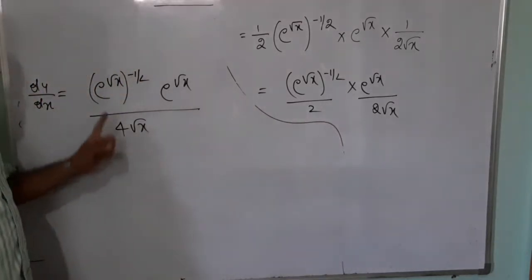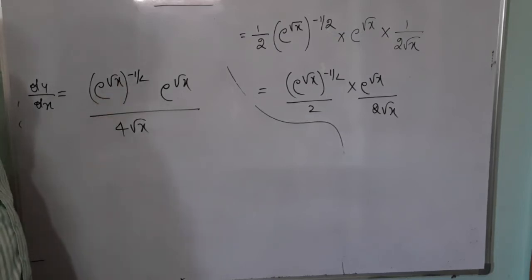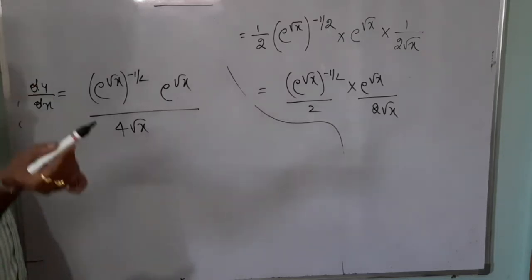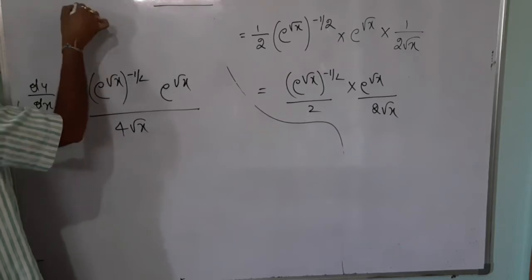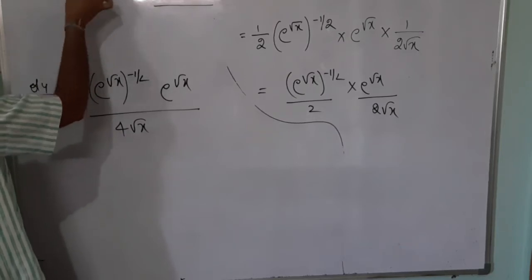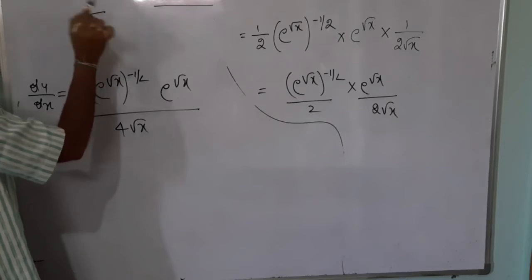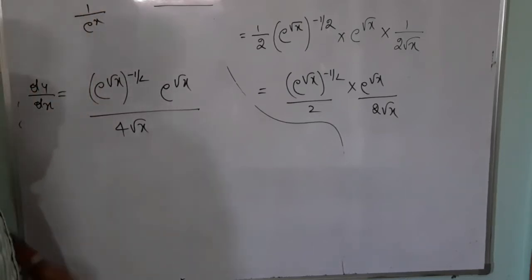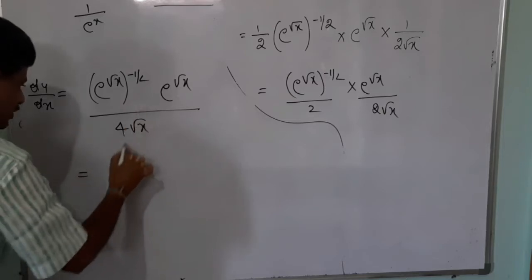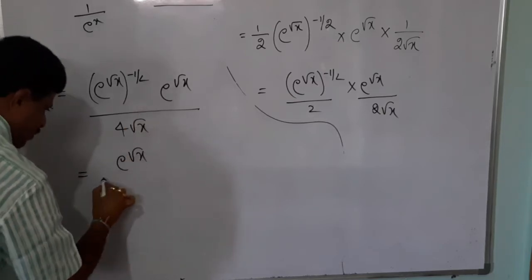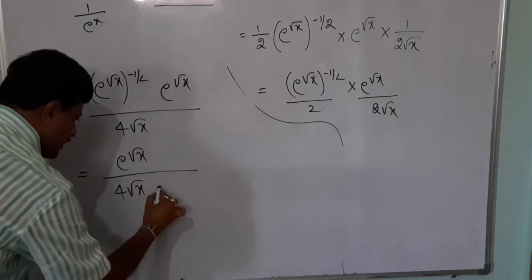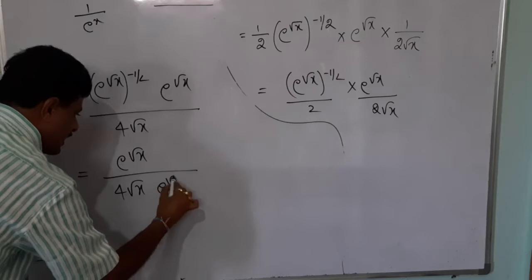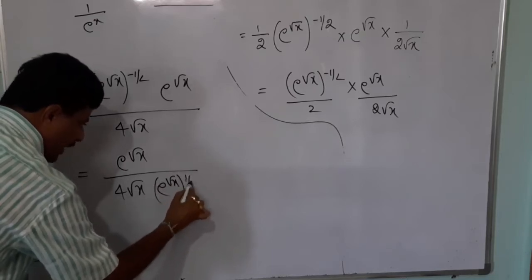So dear students, this is in the form of a to the power of m whole to the power of n, a to the power of m, minus root x by 2. For example, if e to the power of minus x was there, to send it to the denominator in the next step, we can write 1 divided by e to the power of x, that is, the minus should change to plus. Write it the same way. So e to the power of root x, 4 root x, set the denominator e to the power of root x whole to the power of 1/2.